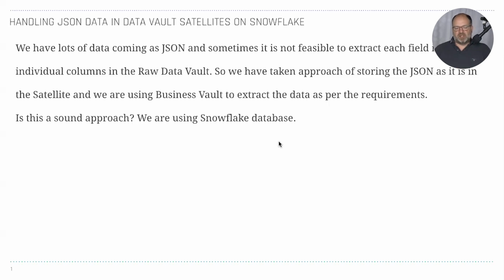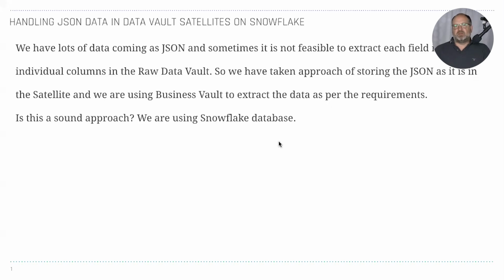What I would challenge is, why do you extract the data in the business vault and then just assume that you store the results in the business vault satellite? I would challenge this. Why don't you just virtualize everything? Because in Snowflake and Postgres derivatives, access to the JSON data is so fast, you don't need to extract and store the extracted data in some business vault satellites. We're only storing the results from the business logic based on the extracted data.